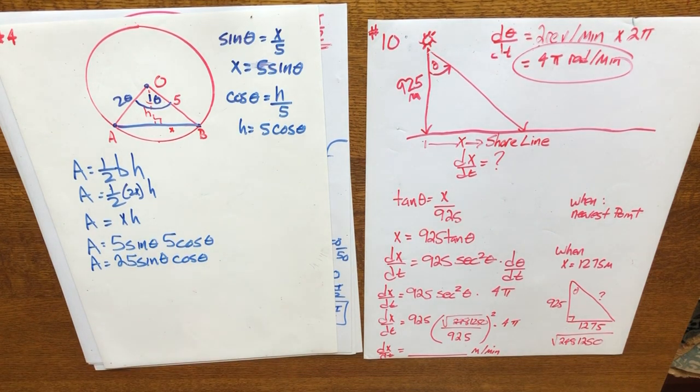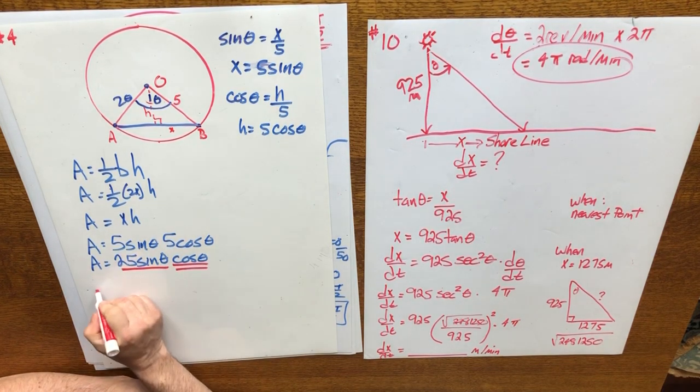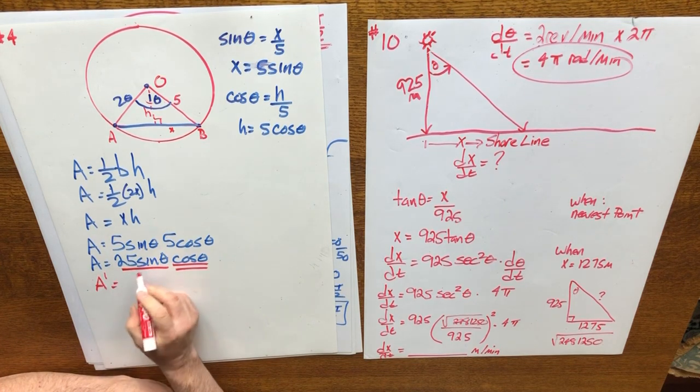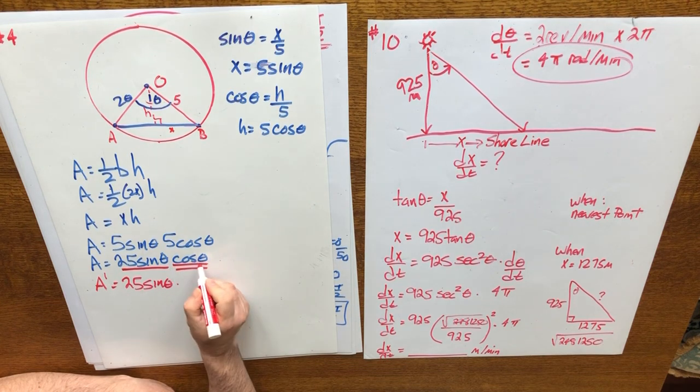We could do the exact same thing we did with that previous question, but what I think I'll do is show you how you can use the product rule on this one. So there's the first and there's the second. So A prime equals first, 25 sine theta, times the derivative of the second.